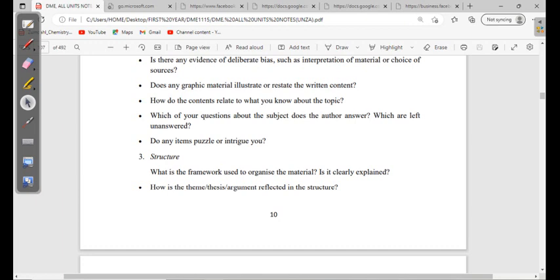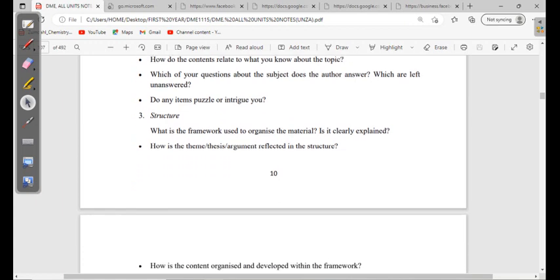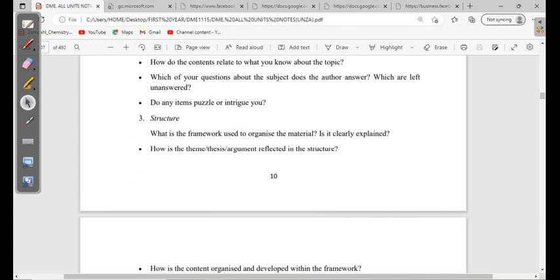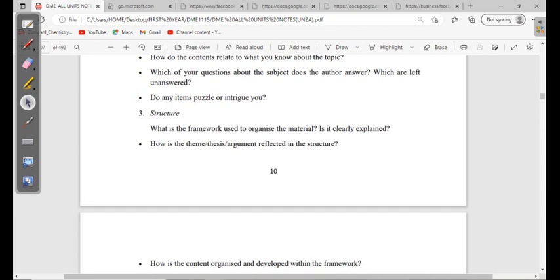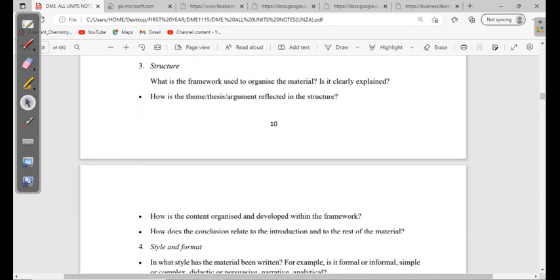So those are some of the things that you get to look at. And also you need to look at which of your questions about the subject does the author answer and which ones are left. For example, on this very subject that you are reading, you have got some questions. Are the questions being answered in the reading? If you're talking about causes of this disease, are the questions that you have answered in this reading? If they are not answered, well, you get to look at them more.